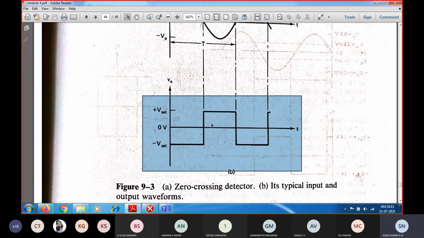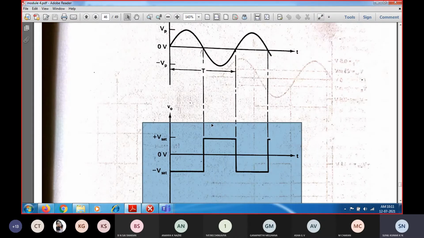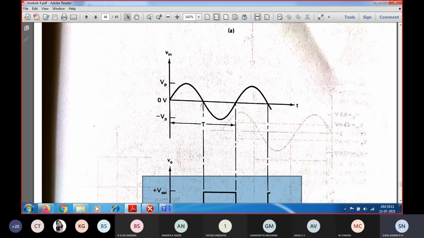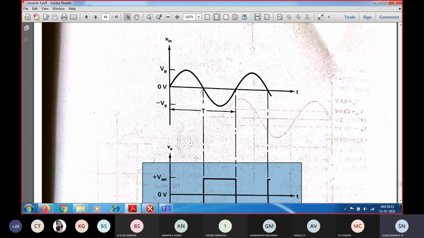In the same way, here we use the operational amplifier in positive feedback. In a positive feedback also, it is going to generate a duty cycle. We are going to generate a time period which has a specific duty cycle, and this specific duty cycle can also be varied based upon the feedback resistance value.